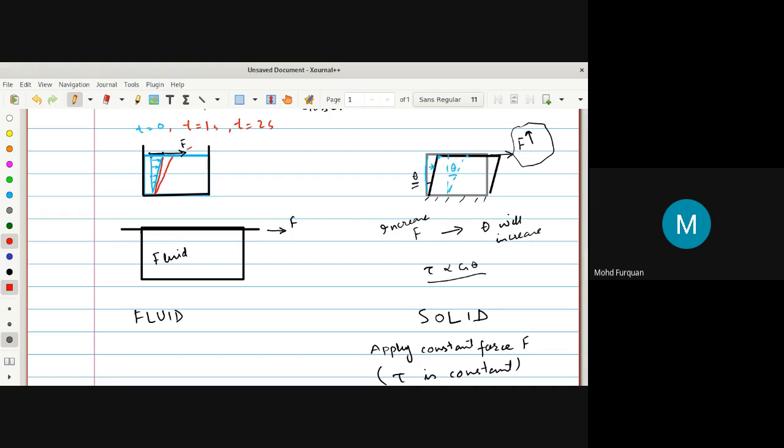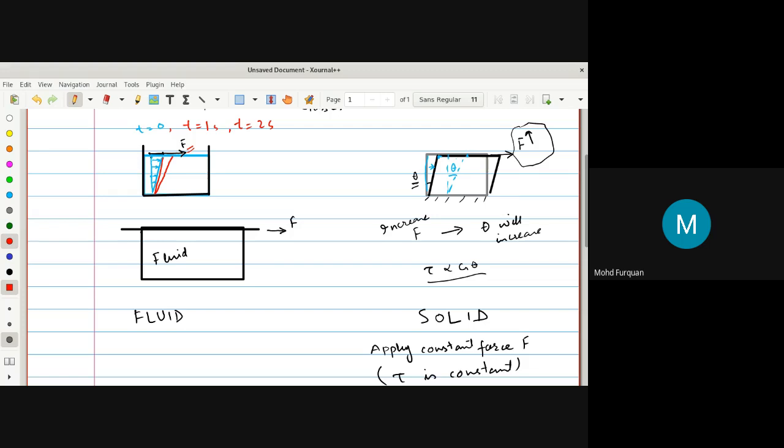Notice that F is not changing. F is kept the same. Once you apply F, that fluid will start moving unless you stop this force. If you remove this force, then the fluid will become static. But as long as you keep this force F, it will continuously deform, unlike solid, where once you apply force F, it deforms and stops.